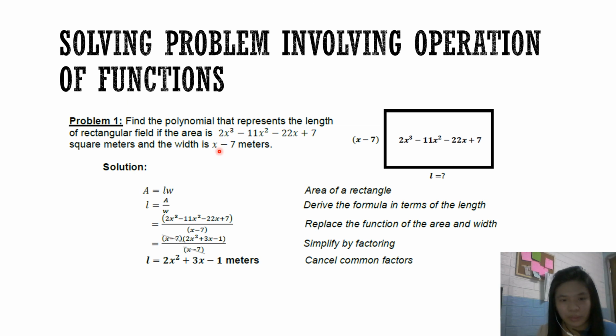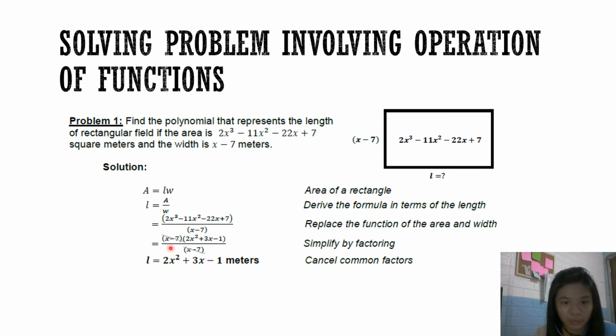Pwede nyo gamitin yung synthetic division din, kung ayun, lesson nyo na yun nung junior high school kayo. So, yun. And then, if we factor out natin yung numerator natin, that is x minus 7 multiplied by 2x squared plus 3x minus 1.